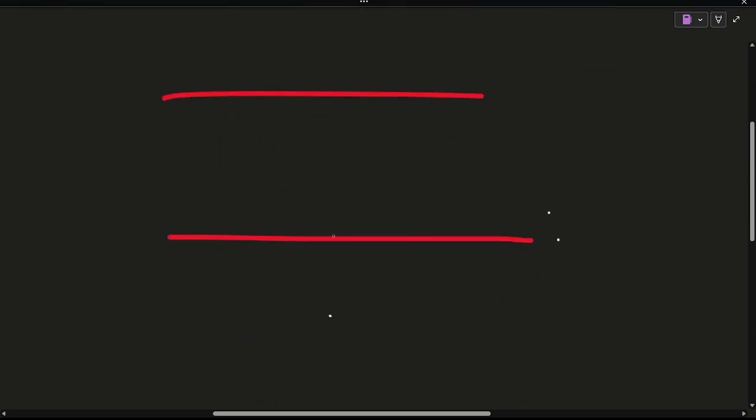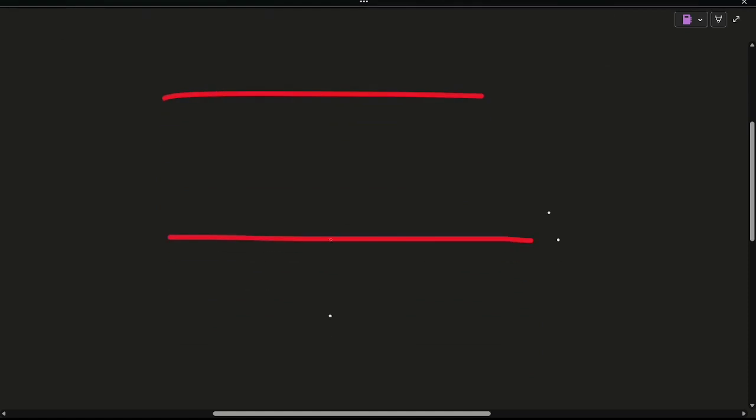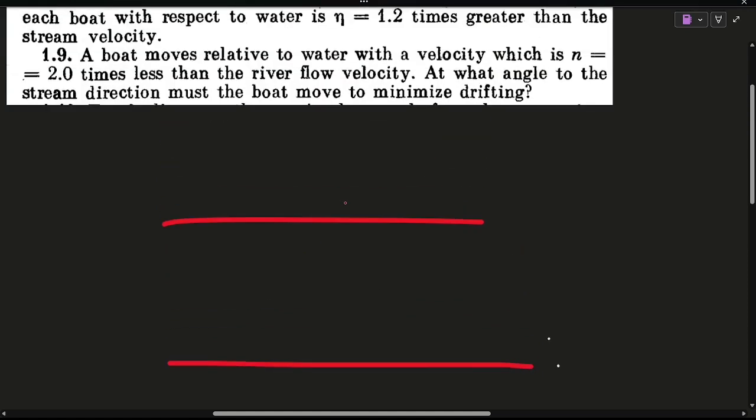Then we can write v by v naught is equal to n.